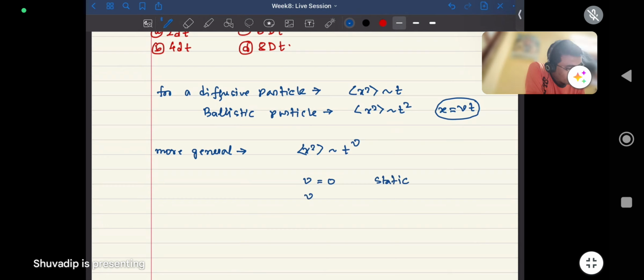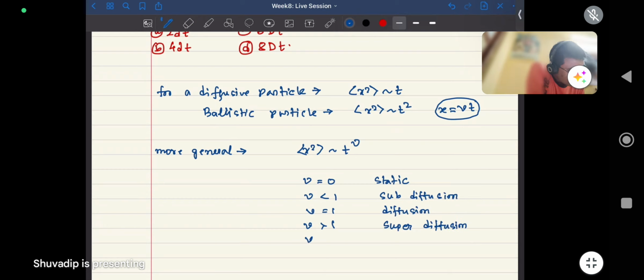If nu is less than 1, in that case it is subdiffusive, slower than diffusion. If nu is equal to 1, then it is perfectly diffusion. If nu is greater than 1, then it is superdiffusion, which is faster than diffusion.